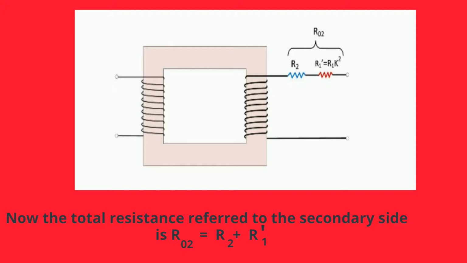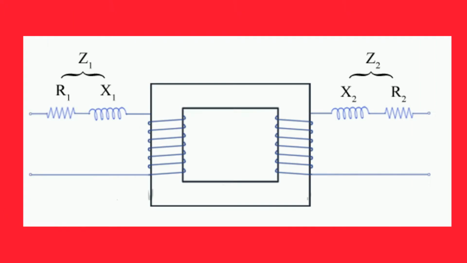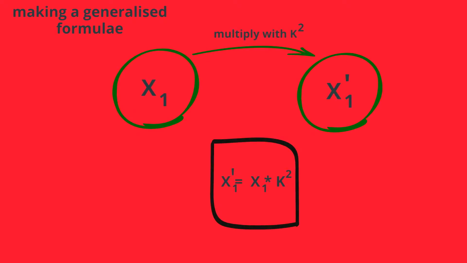And the total resistance referred to the secondary winding side is R02 is equal to R2 plus R1 dash, where R1 dash is equal to R1 into K square. We already discussed this. The same formula is applicable for the reactance X and the impedance Z. When the primary reactance X1 is shifted to the secondary side, it becomes X1 dash.